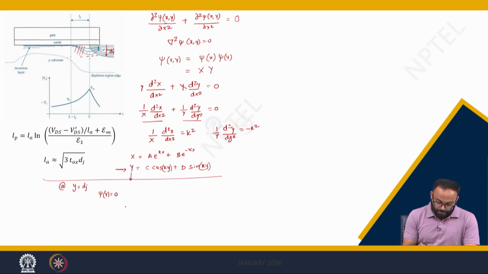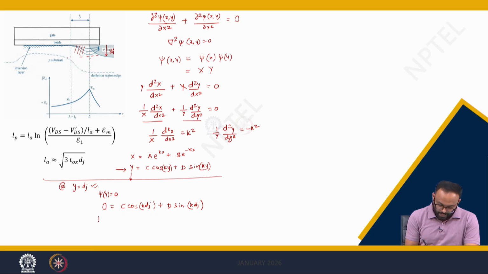We said that at y equals dj, psi(y) is equal to 0. So we can use this equation, where capital Y is nothing but psi(y), which will give you 0 equals c cos(k dj) plus d sin(k dj).